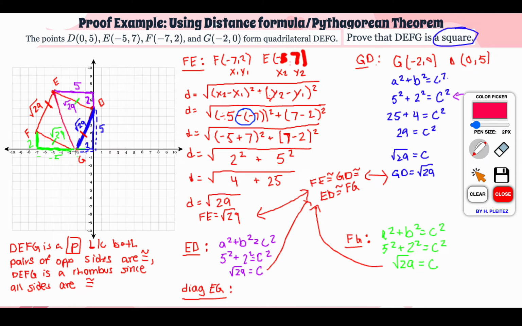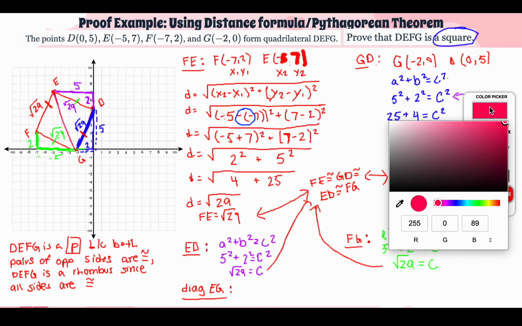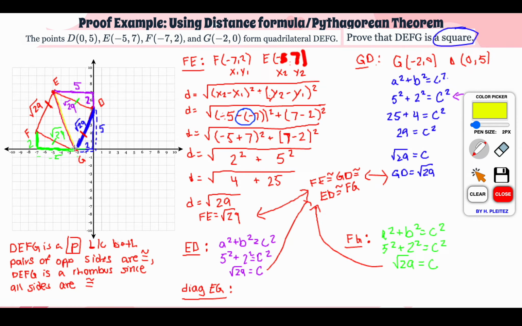You can create a new one though, but your diagram gets a little bit messy, so it could be tough here. So if the diagram is too sloppy to follow, use the distance formula. But let's change this color to yellow maybe, so we can visibly see what's happening here.